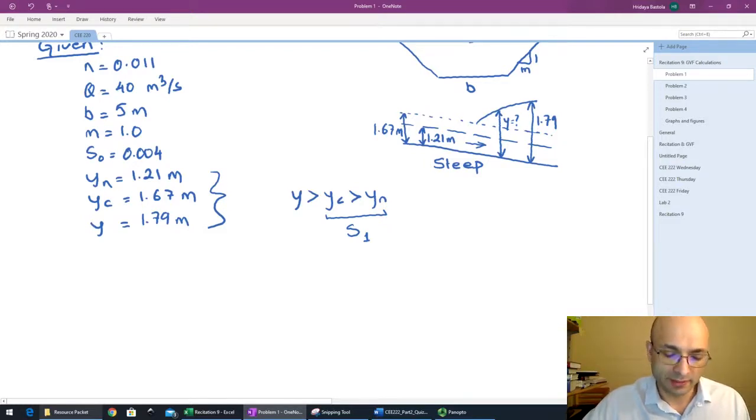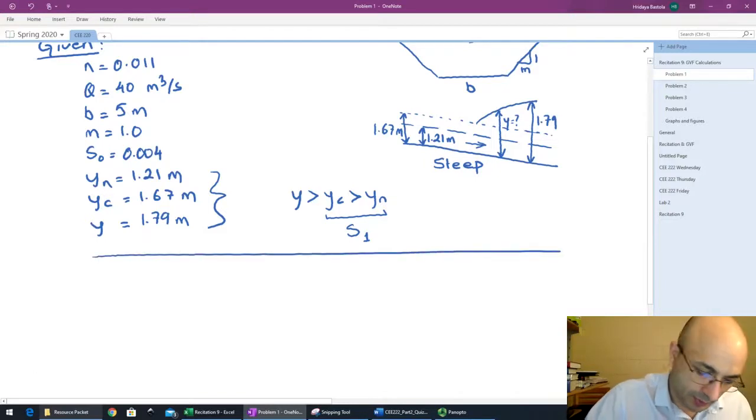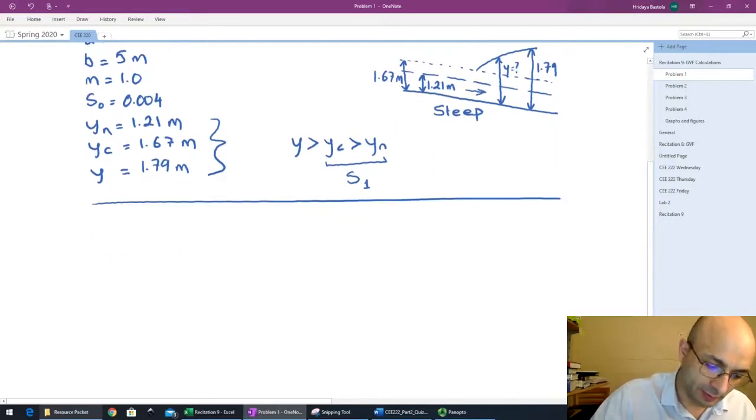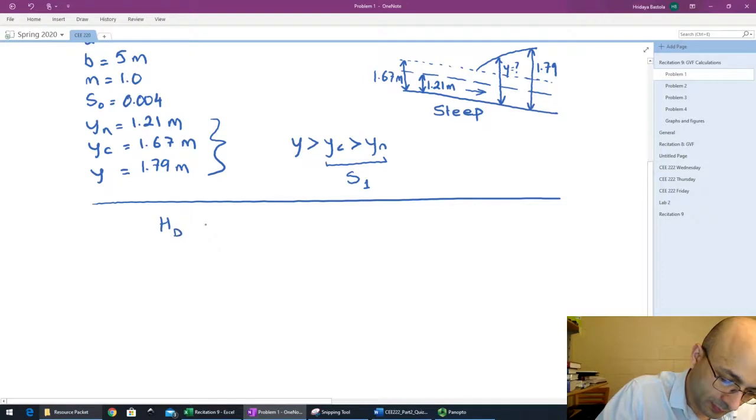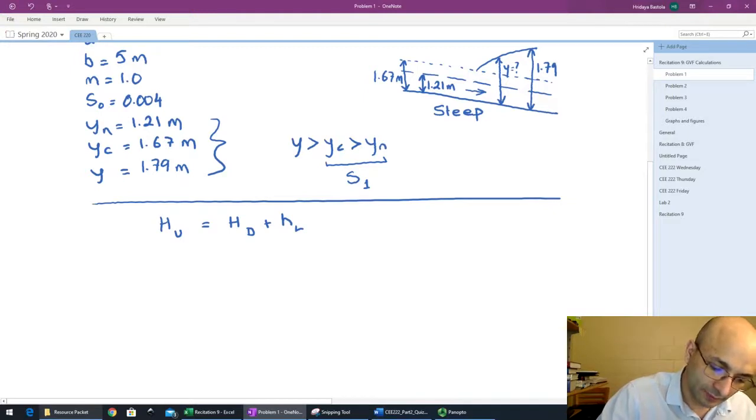So standard step method, if we just step back, let me just go back and set up the standard step method. So we start with total energy upstream equals total energy downstream plus any energy lost going from upstream to downstream location. We can break these further into their components.